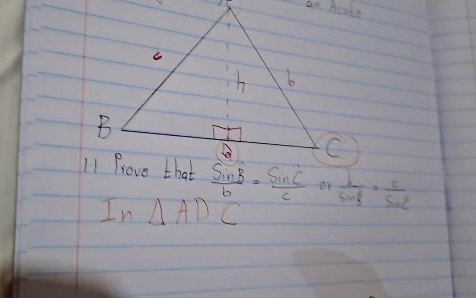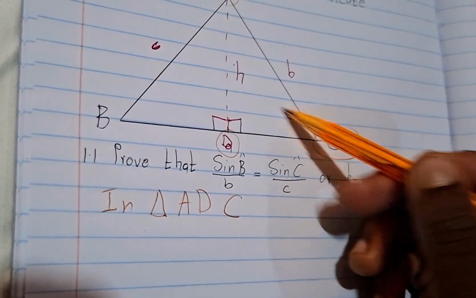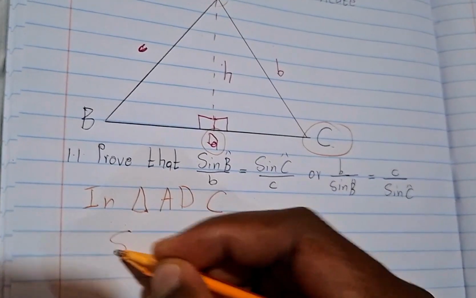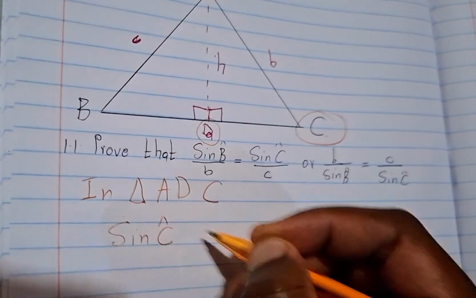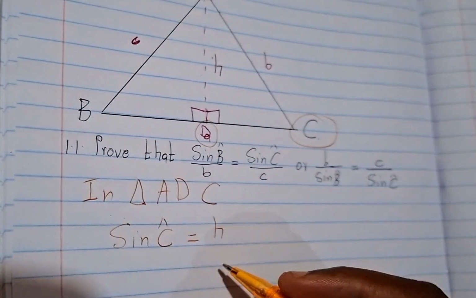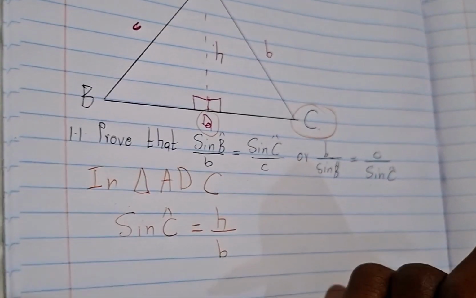We know the trig ratios, and we can apply them in a right triangle. So sine C is opposite over hypotenuse, meaning sine angle C equals opposite, which is our h, over the hypotenuse, which is b.